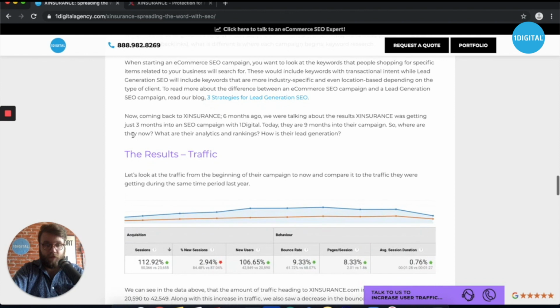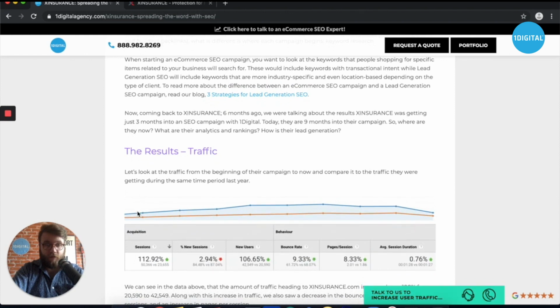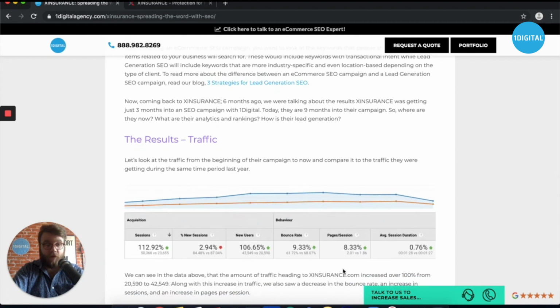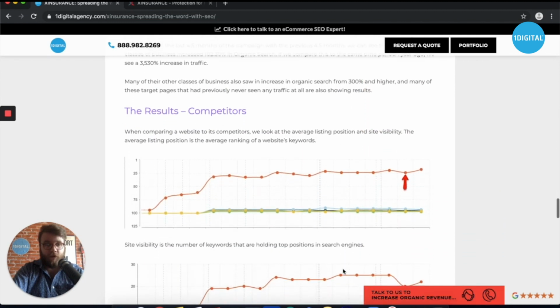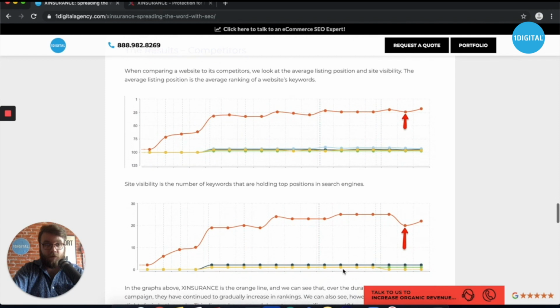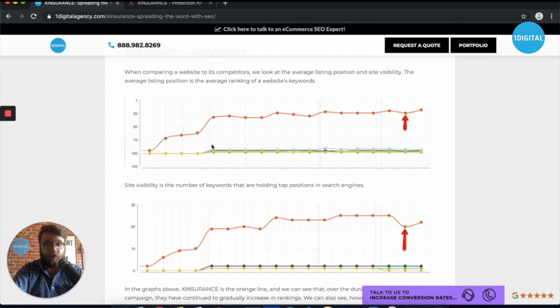So, you can see the traffic compared to the same period last year was a little bit higher. The sessions went up. Bounce rate went way down. So, generally, we're seeing very positive results in these last few months. Now, if you look at the results compared to the competition, the results are fantastic.